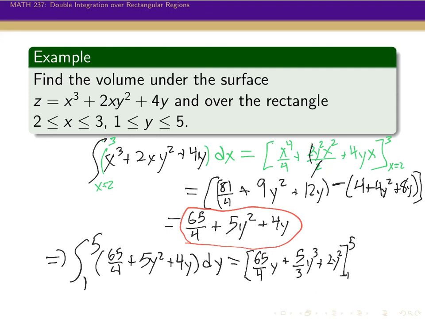And so, let's see, 65 over 4 times 5 minus 1 is going to just give me 65 plus 5/3 times, let's see, 5 to the third is 125, minus 1 gives me 124.